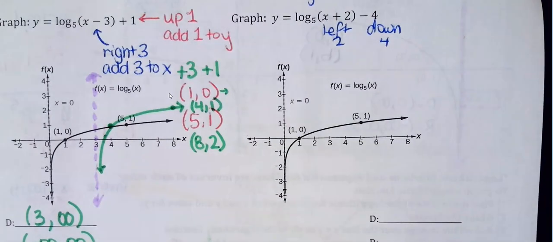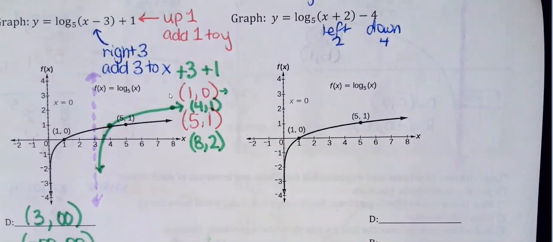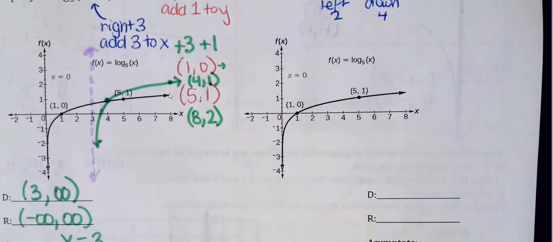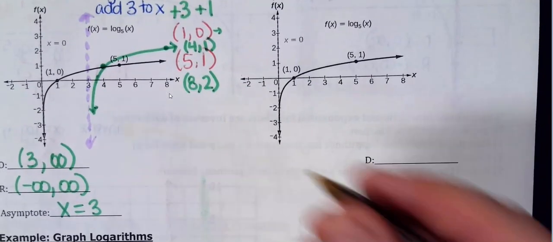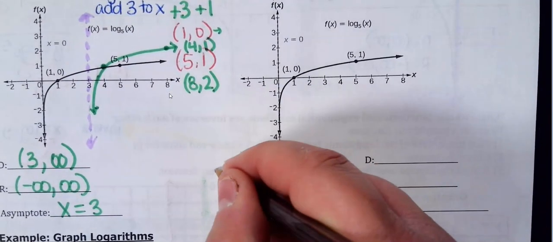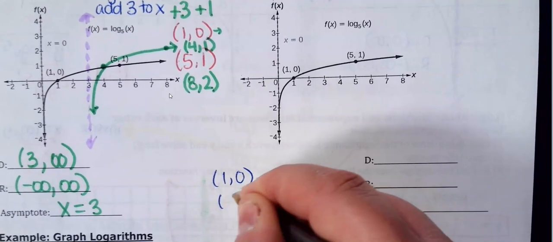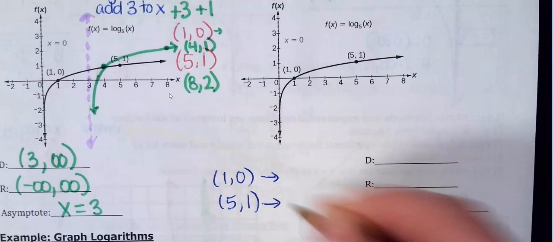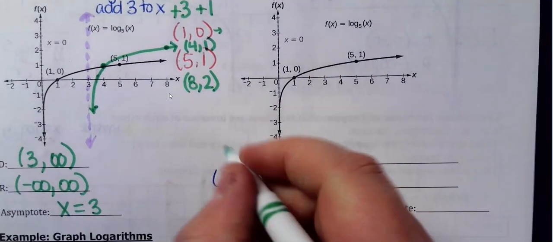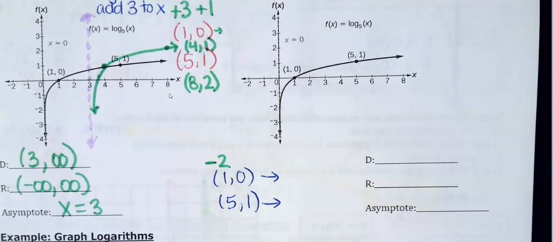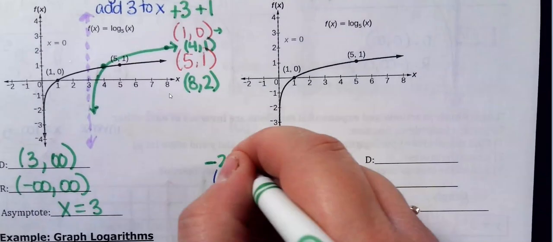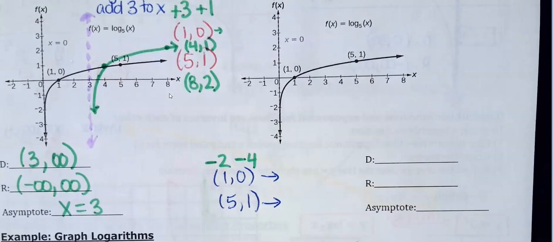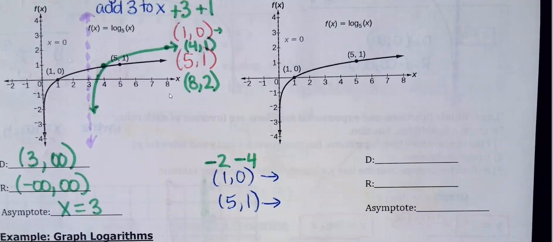Okay. Now, I'm going to just scooch this up just a little bit. So those 2 points that we were talking about, right? We had (1, 0) and (5, 1) in the original graph. So if I'm going to do that shift, left 2, you're going to subtract 2 from the x-coordinate, and then you're going to subtract 4 from the y-coordinate. So left 2, we're just going to affect the x-coordinate, left or right.